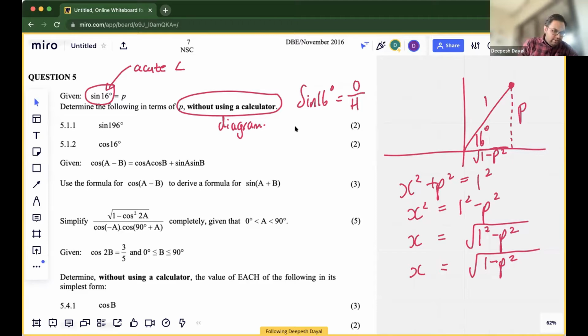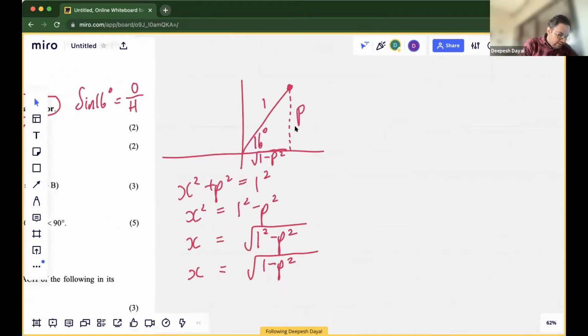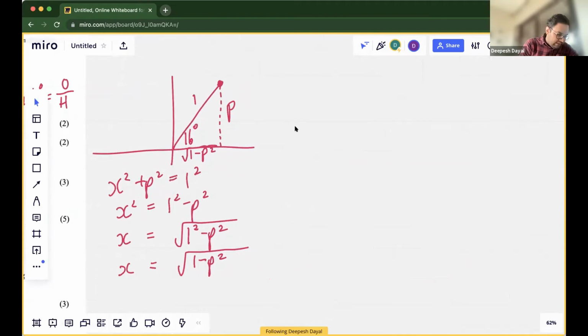So basically what we need to do here is convert the sine 196 into an expanded form that works with this diagram, right? So I'm just going to move this across here.